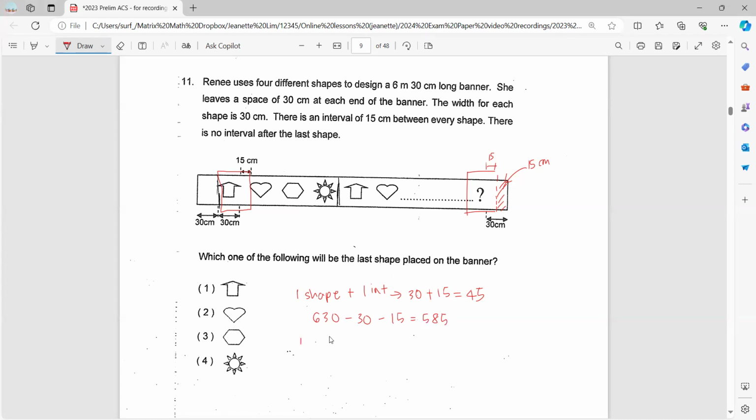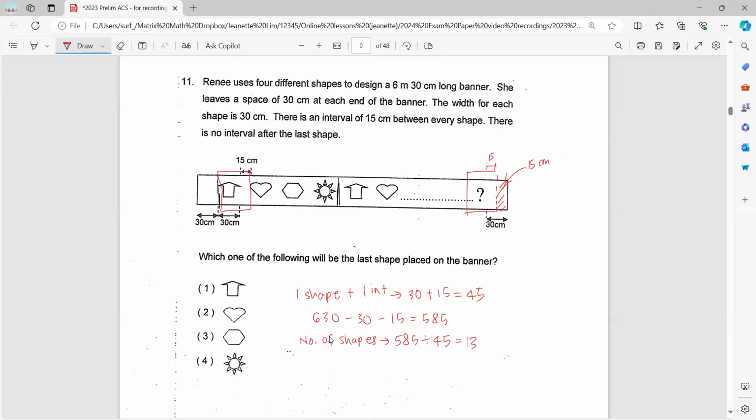So the number of shapes will be 585 divided by 45. Do the working, you should get 13. So there are 13 shapes.